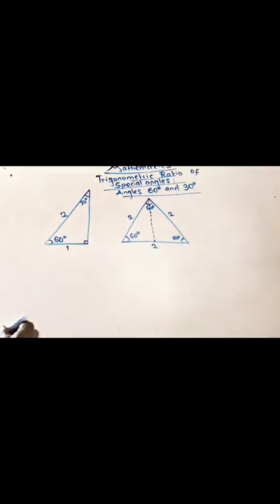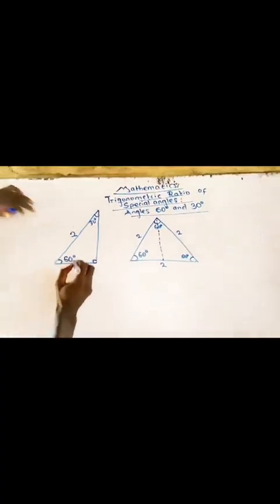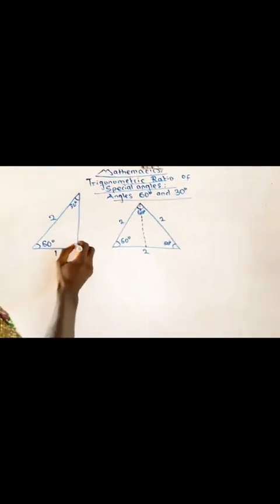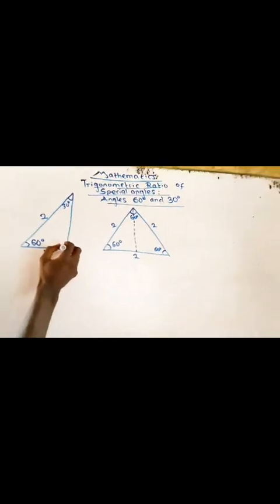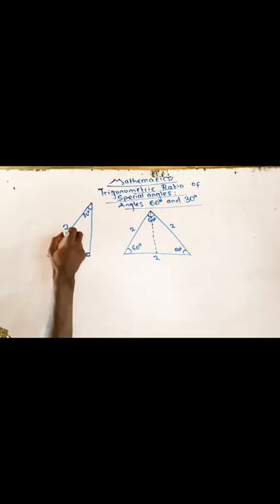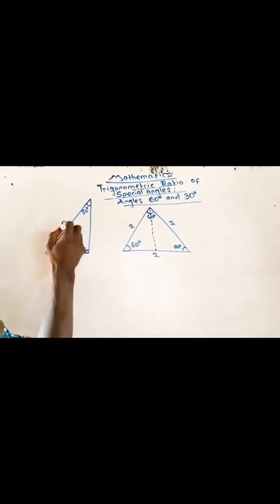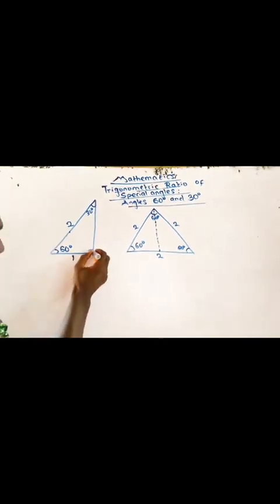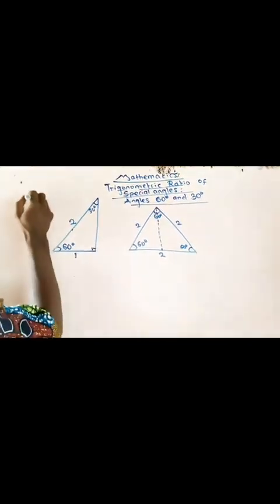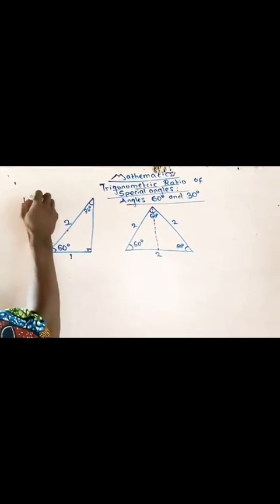Now let's move on. Now, look up. We said in our previous video that the side that is opposite the angle 90 is the longest side, which is the hypotenuse. So here, our hypotenuse is what? It is 2.